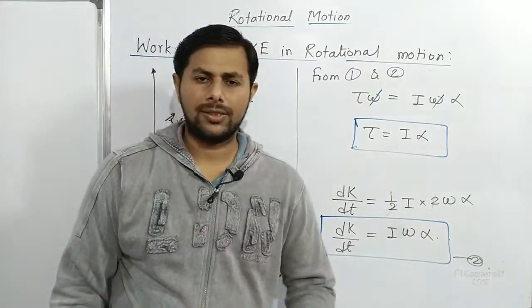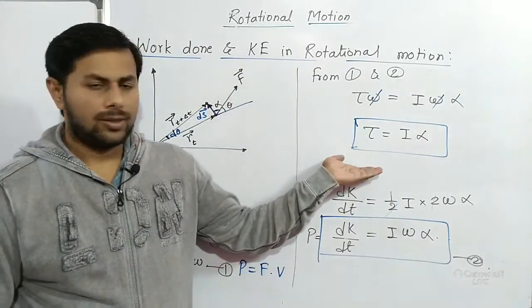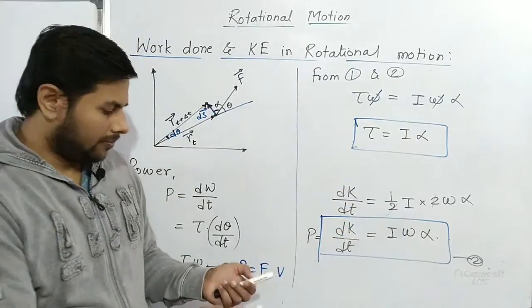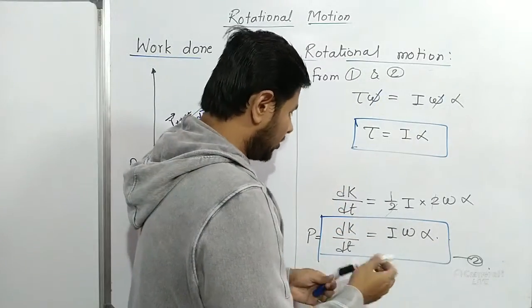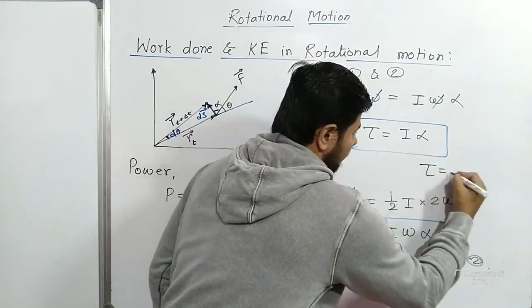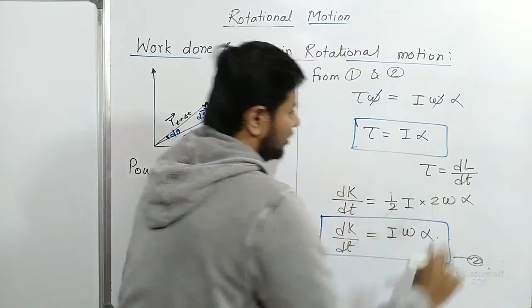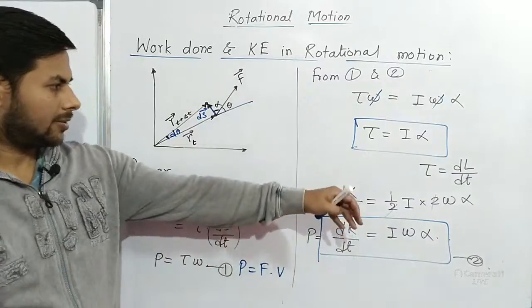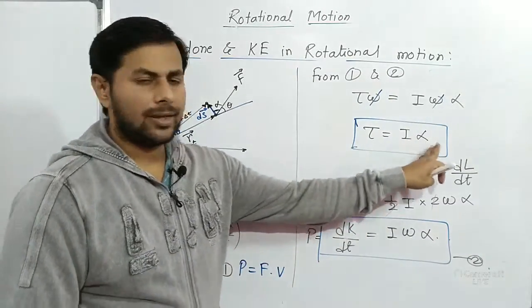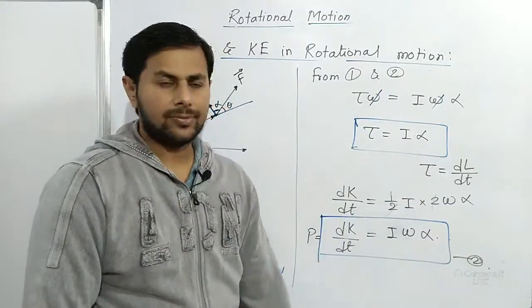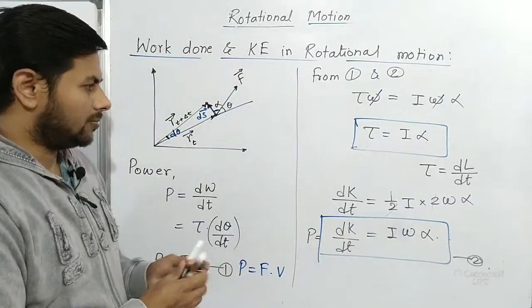Torque is rate of change of the angular momentum with respect to time. We had found this formula, tau equals dL by dt, and tau is again I times alpha. So we got these two formulae.